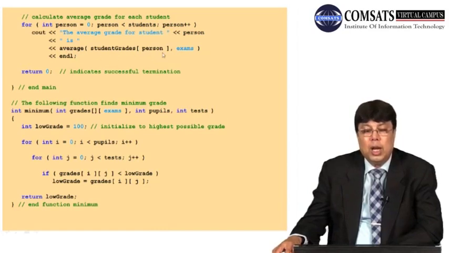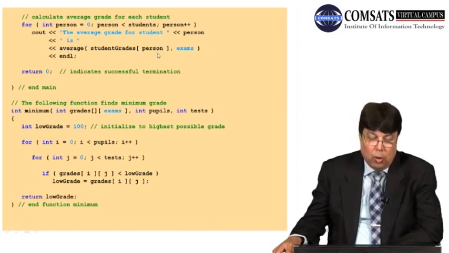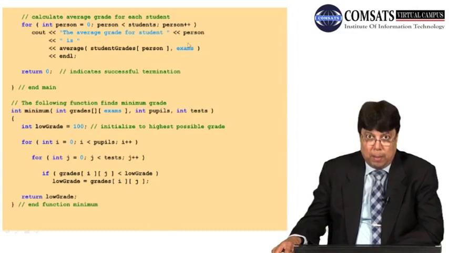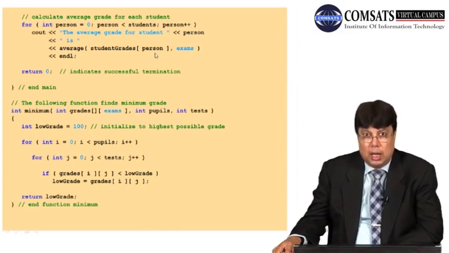So basically from the 2-dimension array we are passing only the 1-dimension array which is showing a particular row. So we are sending the data of one row to this average function, and the average function, that means this is the dimension that we need to pass separately. This is student 0, that should contain column 0, column 1, column 2, column 3, and here exams mean it should have.